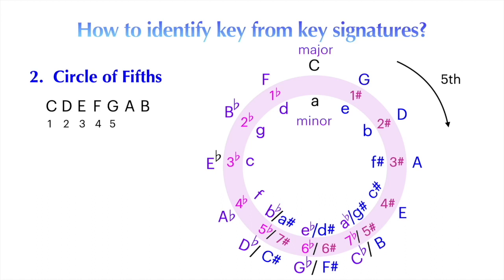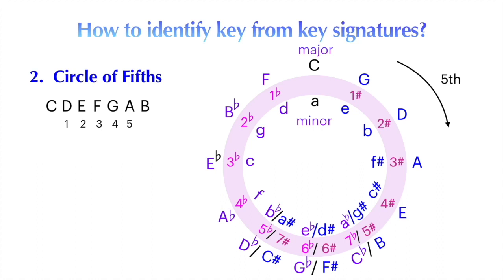If there are two sharps, we go up a fifth from G, 1, 2, 3, 4, 5, and get D major. If we go further from D, we have A major for 3 sharps. So, we can find the corresponding keys for all sharp keys by going up a perfect fifth.